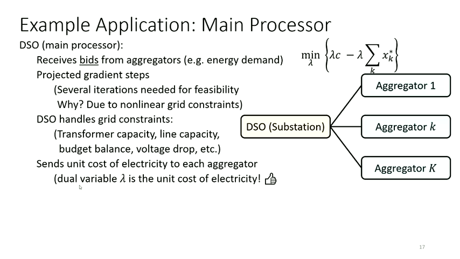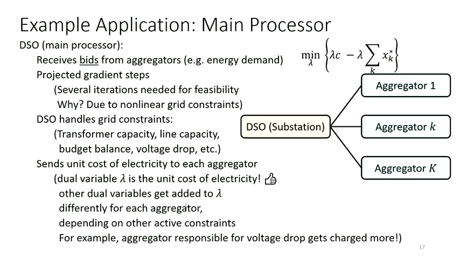And so it sends the unit cost of electricity to each aggregator. Lambda is how much I will charge per kilowatt hour, $0.10 per kilowatt hour or whatever. So that's lambda, the dual variable. And then other dual variables get added to lambda.